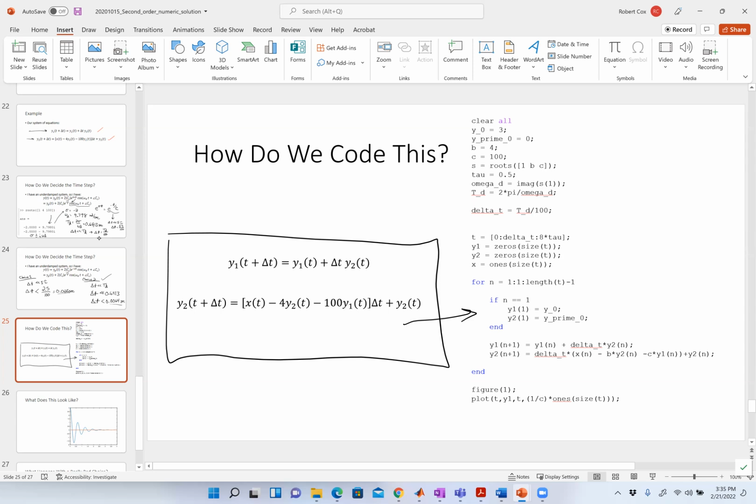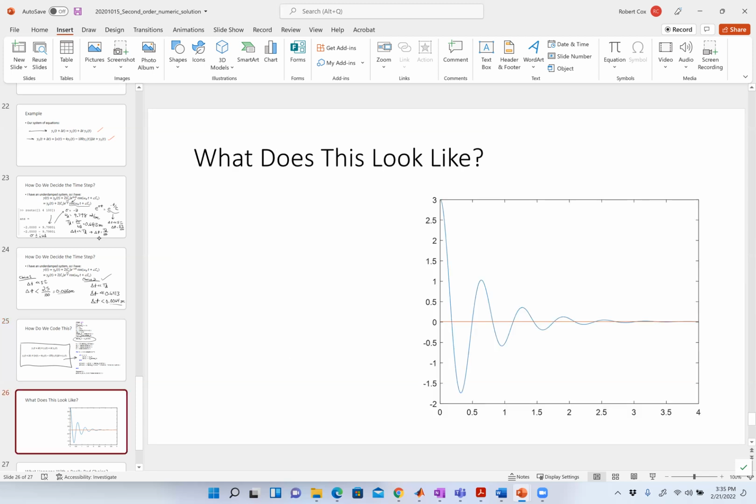If I'm at the first point, I basically just copy over what my initial conditions are. And then for anything after that, I use that formula. So in this particular case, I chose my delta t based on the smaller of the 2. Now make a good choice and I get that.